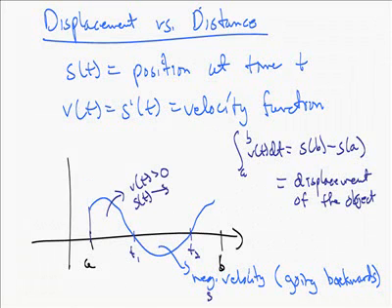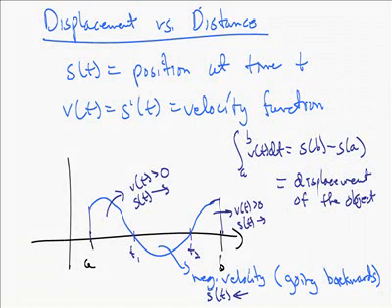Down here, negative means s of t is going back to the left. You can think of it up or down versus right or left. And then on this section, we have, again, a velocity function that's positive, so s of t is going back to the right. So the displacement is going to be given by the integral of v of t, s of b minus s of a, using this evaluation theorem.